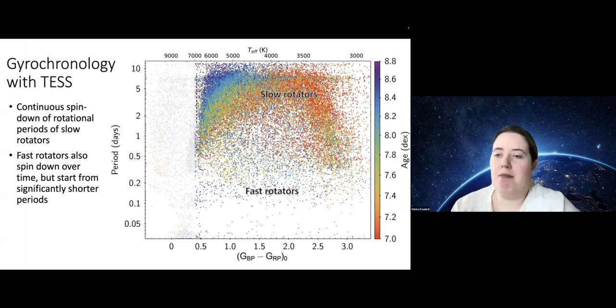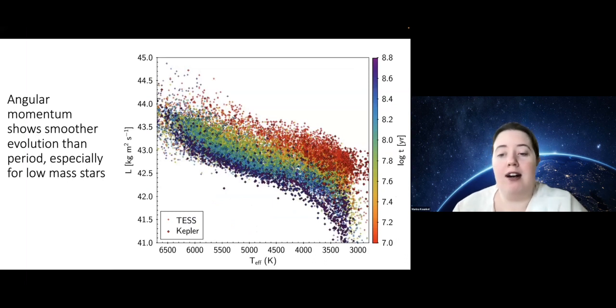Thankfully, there is a much better parameter space that we can use that also depends on the period, but it also depends on the mass and the radius of the star. That is to say, if we were to look at the angular momentum of stars, which is a slightly more fundamental property of a star than rotational period. And here, we're looking at temperature versus angular momentum, again, color-coded by age.